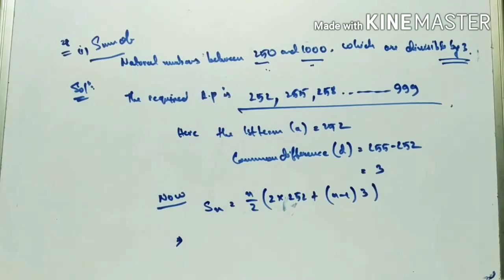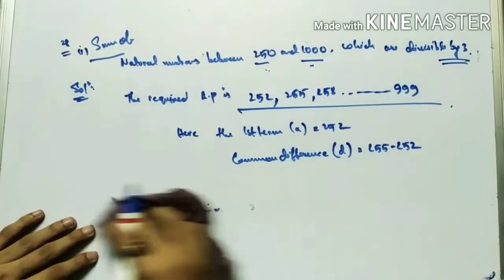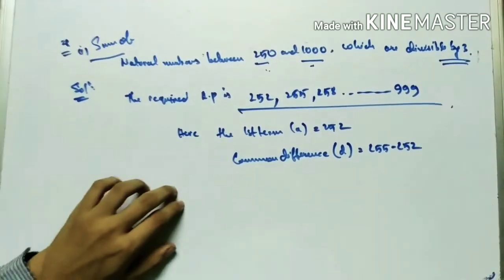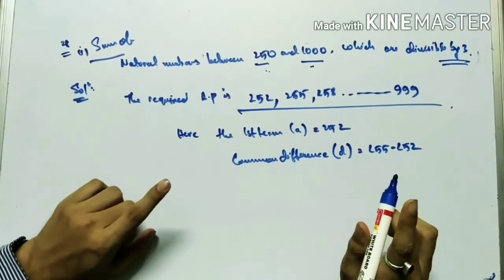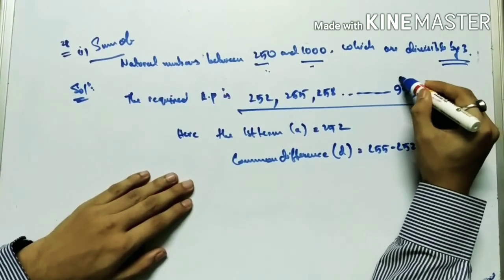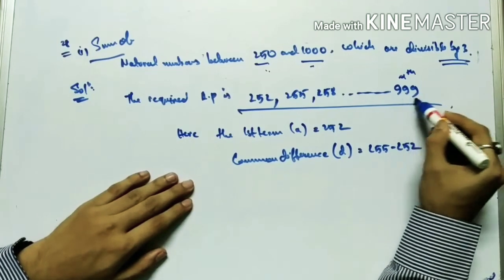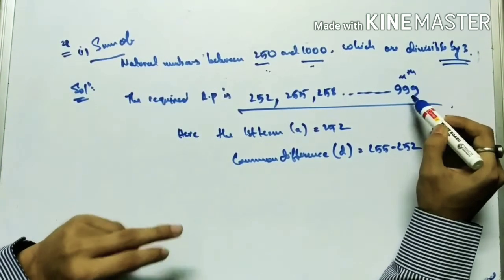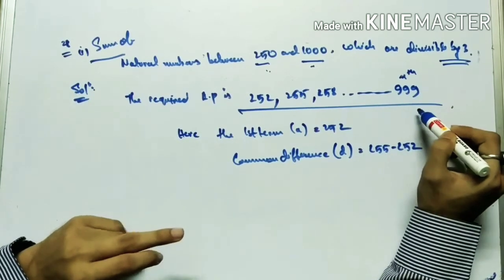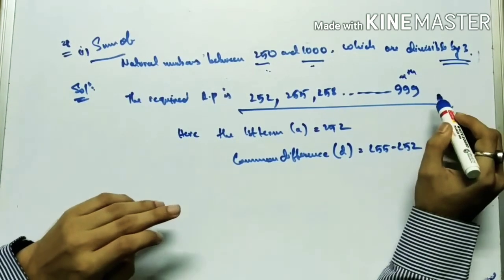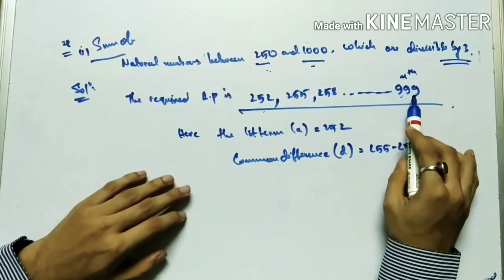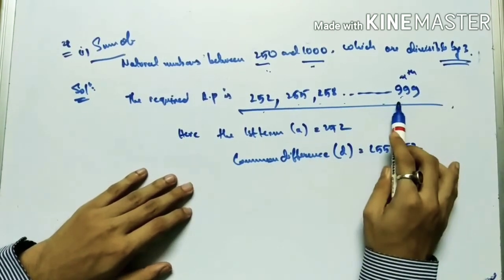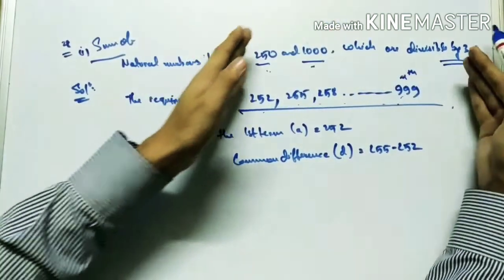One thing here, I will not write Sn yet. First of all, another thing I will have to find: the value of the nth term, I know, is 999. So first of all, how many terms are there? That means how many numbers are there between this and this that are divisible by 3.